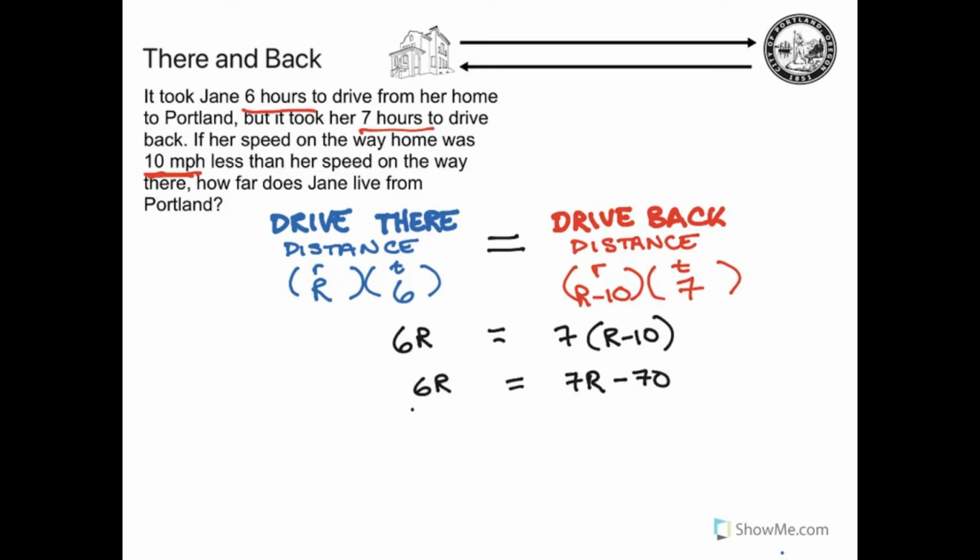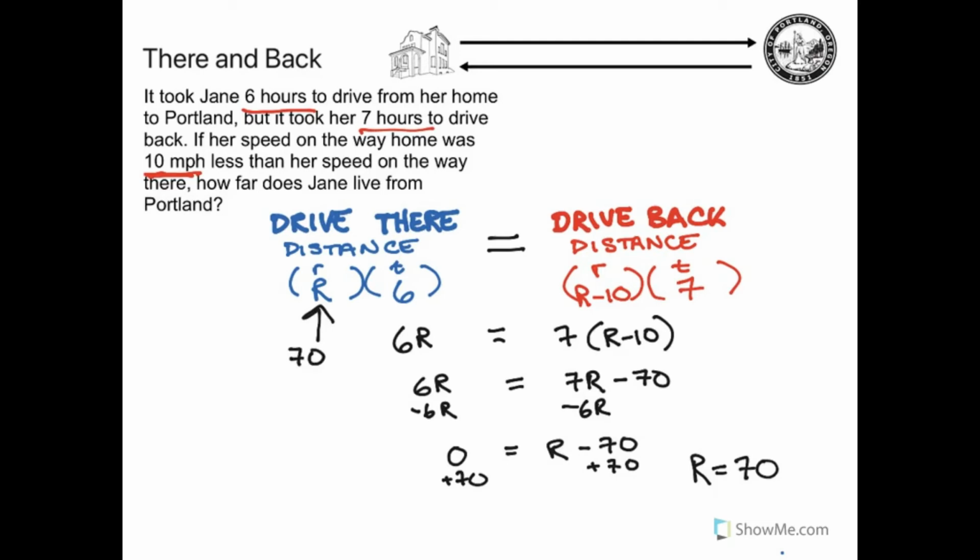I'll subtract 6r from each side, and that will give me 0 equals r minus 70. If I add 70, I found that r equals 70. Well, what did r stand for? It's the rate on the way there.